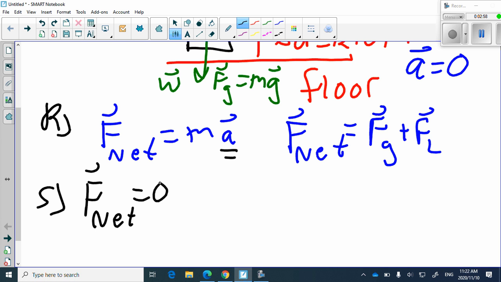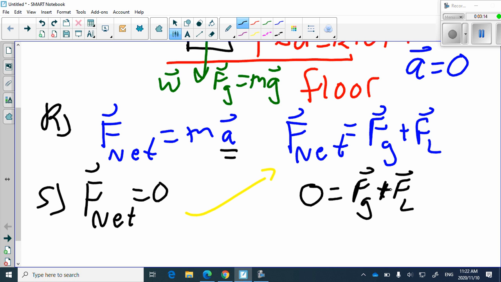So I can use that information here, and look what it'll tell me. It'll tell me that 0 is equal to the force of gravity plus force lift, which means that negative force of gravity is equal to force lift. All I did was bring the force of gravity onto the other side.